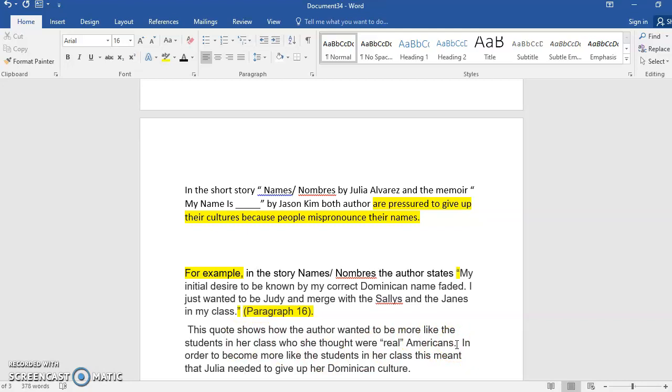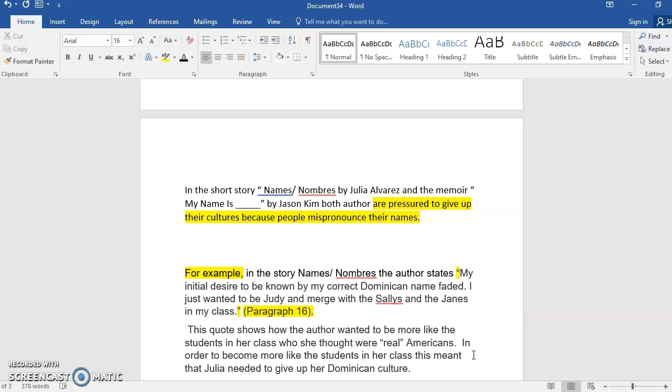Again, your commentary doesn't just have to be limited to one sentence. Okay, write as much as you need to explain the evidence and then explain how it connects and supports your assertion. Okay, so my second sentence is trying to show how the quote supports my assertion.